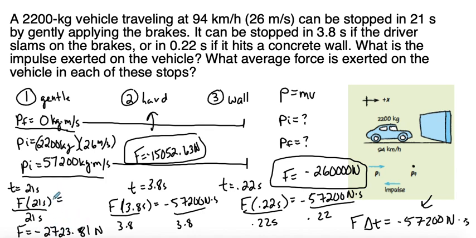Okay? So if we have a shorter time or a much smaller time, then we're going to have a much larger force. So we can see we went from 21 seconds to 3.8 seconds, so that's quite a bit different. And our force went from 2,700 to 15,000. Okay? So a much smaller time equals a much larger force.